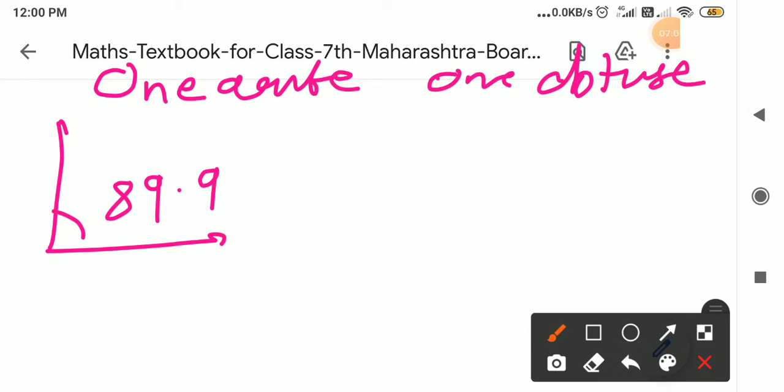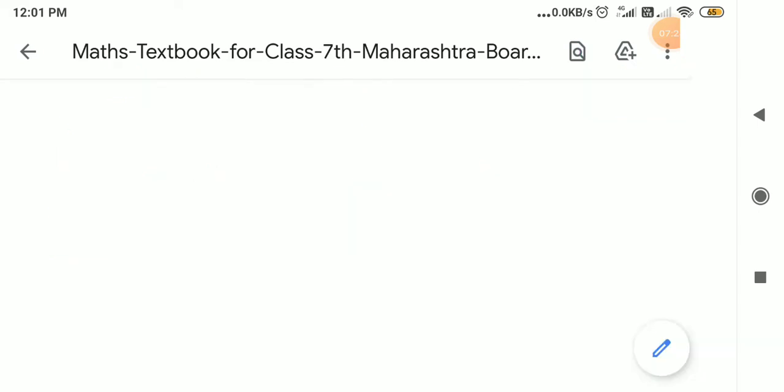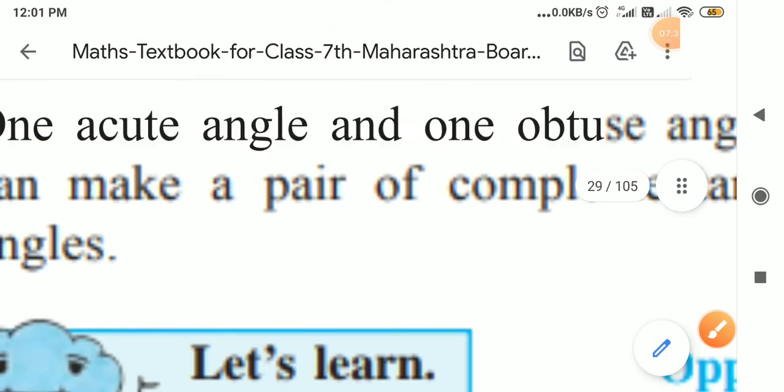And the smallest obtuse angle I will take here. The smallest obtuse angle is 90.1, sorry, 90.1. If we add these, I will see if the pair can form complementary angles.